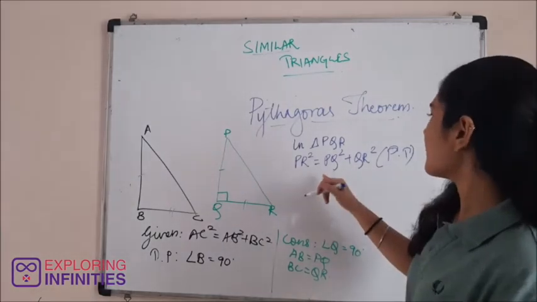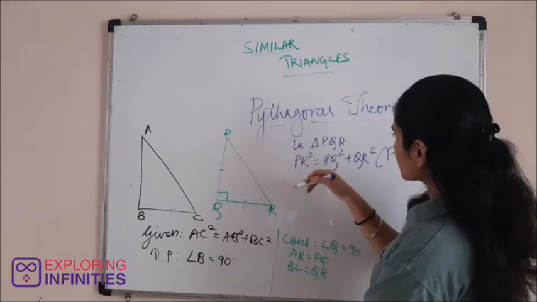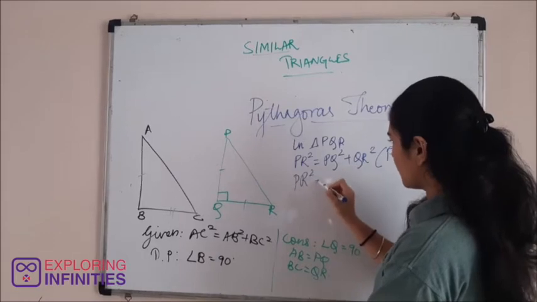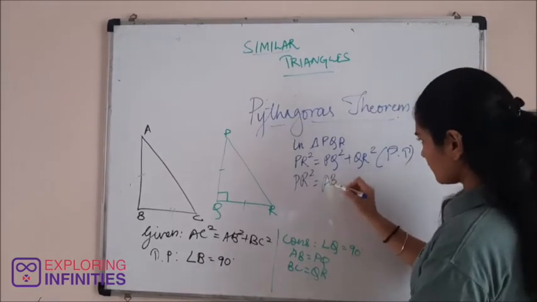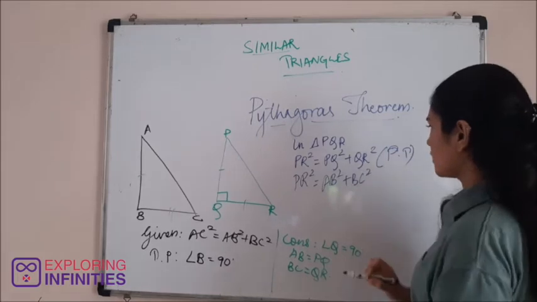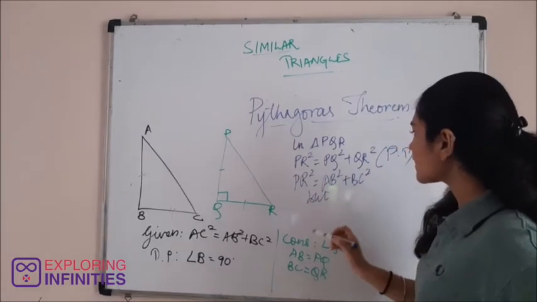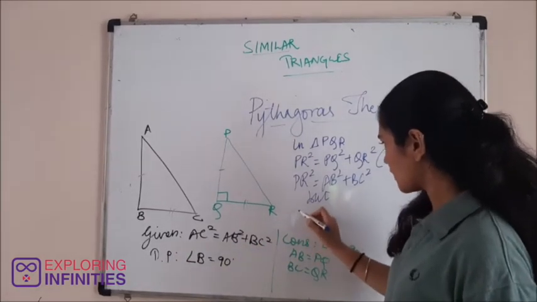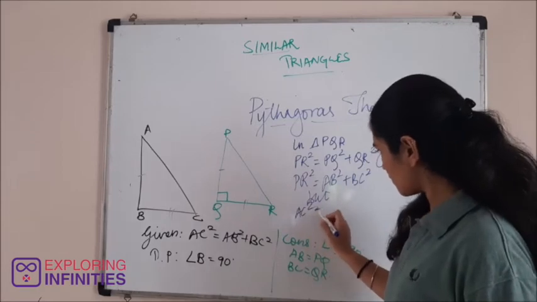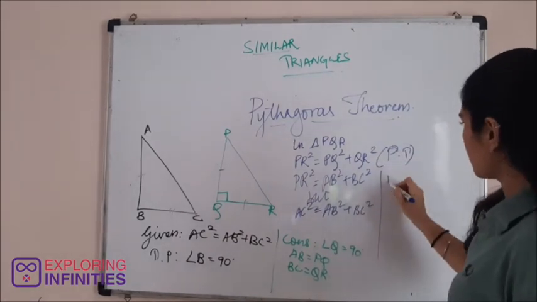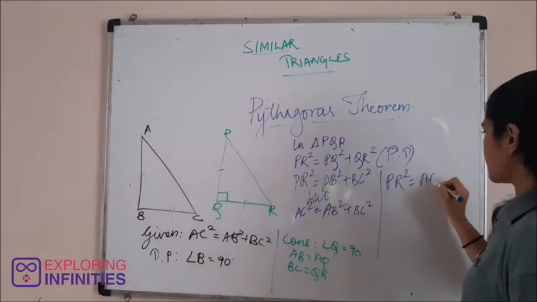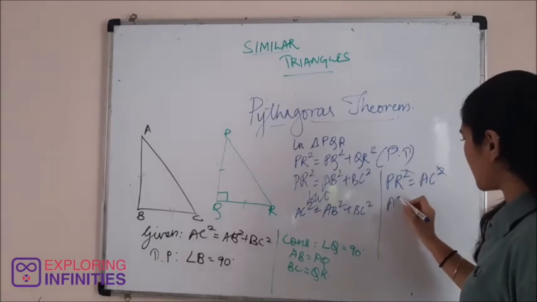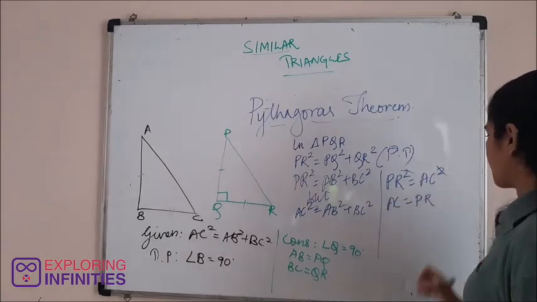Now, if we replace PQ and QR with AB and BC, then PR square equals AB square plus BC square. But we are given that AC square equals AB square plus BC square. So what can we find out with that? PR square equals AC square. If we cancel out the squares, we prove that AC is equal to PR.